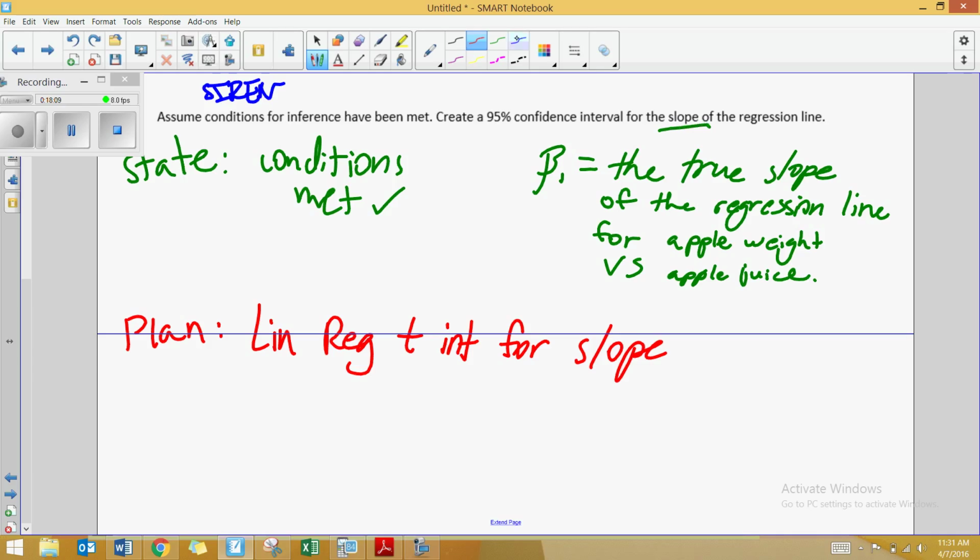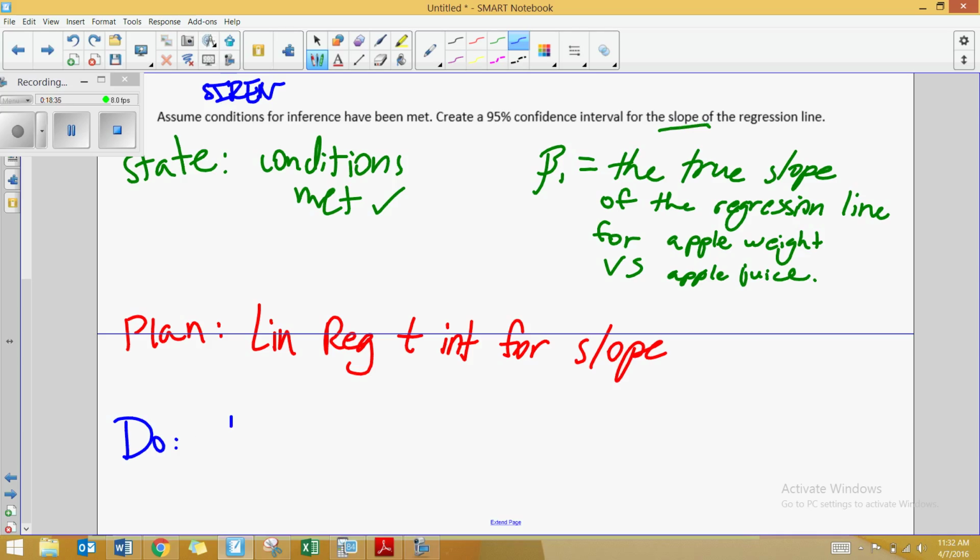Okay, and now on to the math. So the do step. Remember, it's always statistic plus or minus your margin of error. So you want to give yourself a cushion in both directions in hopes of capturing that true value, this beta 1 up here. We're going to use B1 to try to capture beta 1.